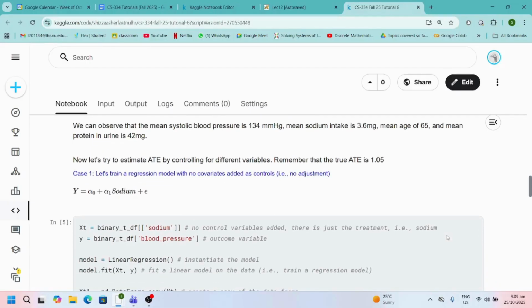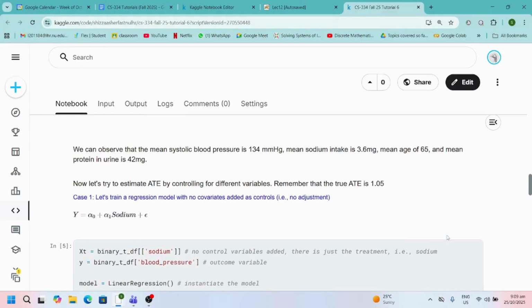Anyway, moving on towards your multivariate regression design, you're gonna try and estimate the ATE by controlling for different variables. And you're controlling for what variables? The ones that you add as covariates in your regression model. So y equals alpha 0 plus alpha 1 into sodium plus epsilon, a small value that goes into your regression model.